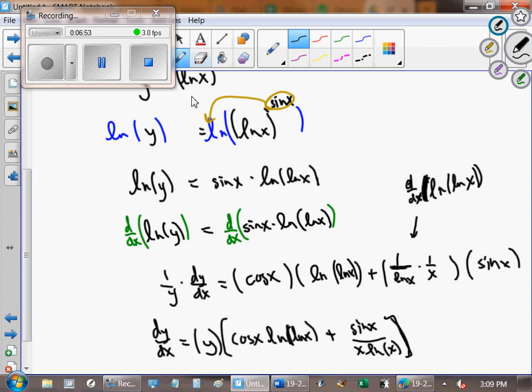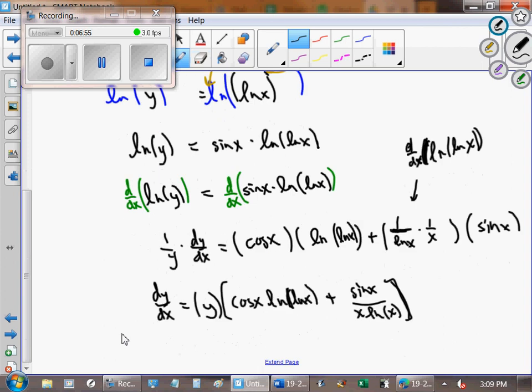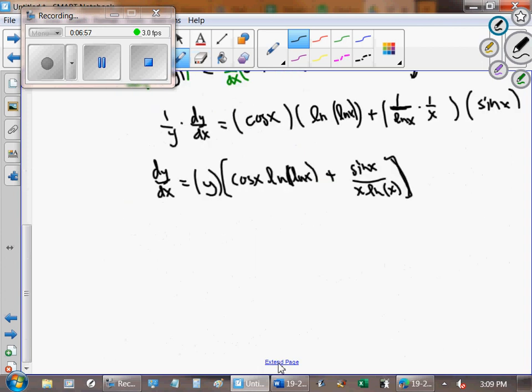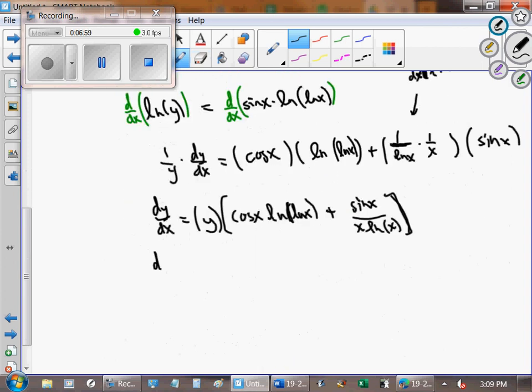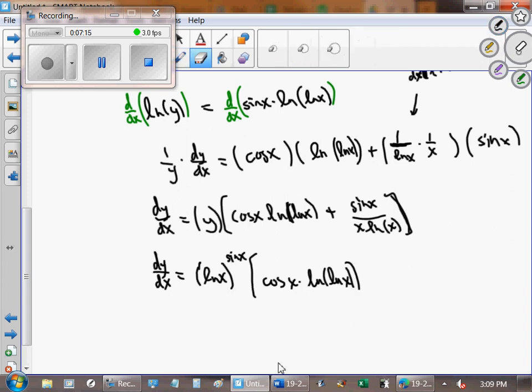If you put the original function back in where it says y, we have the derivative is ln x to the sine x times cosine x ln ln x plus sine x over x ln x.